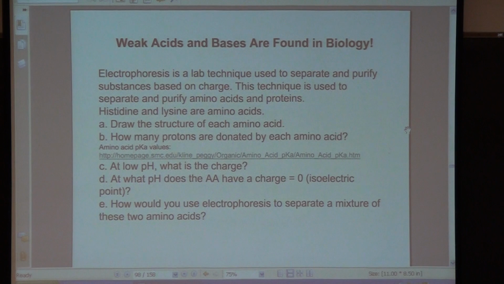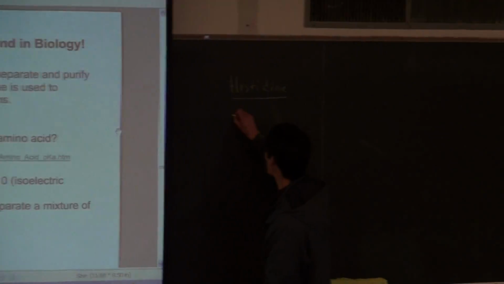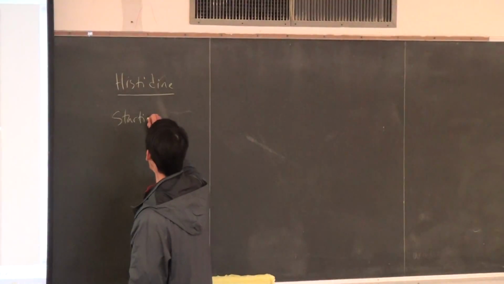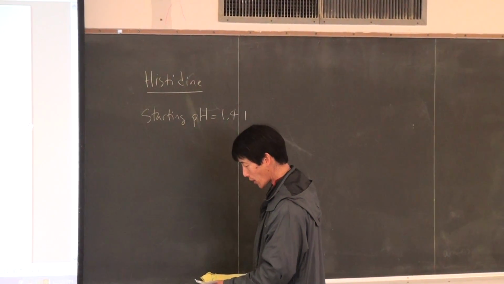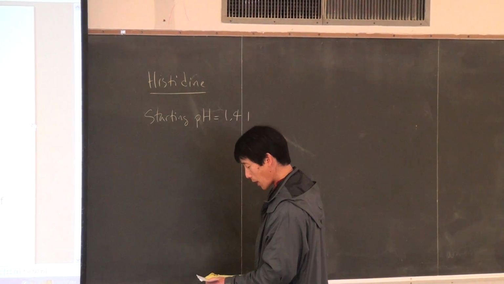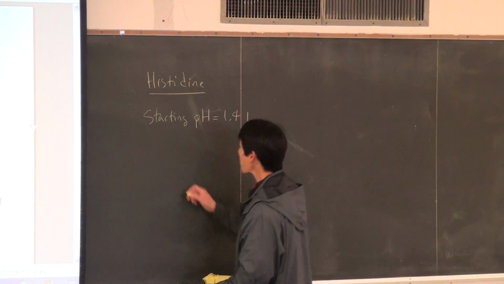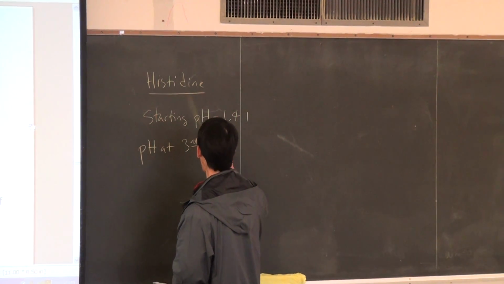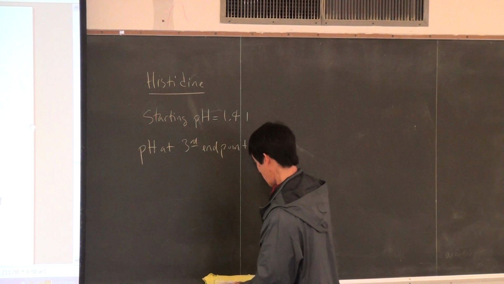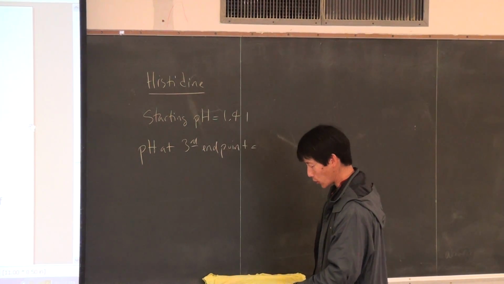Okay, I'll just give you the answer. For histidine, the starting pH is 1.41, and the pH at the third endpoint is equal to 10.8.